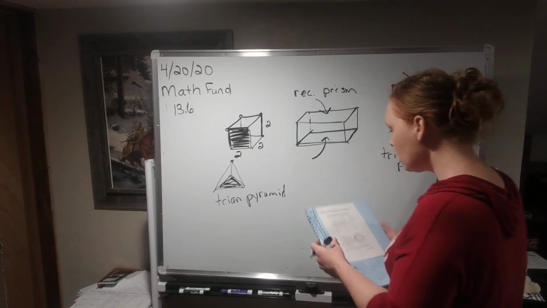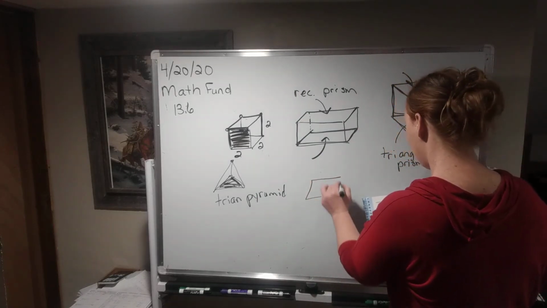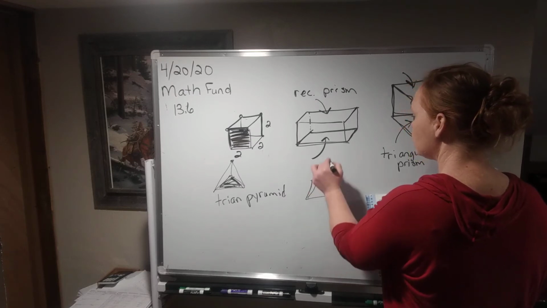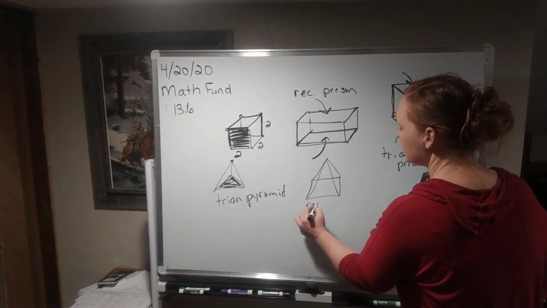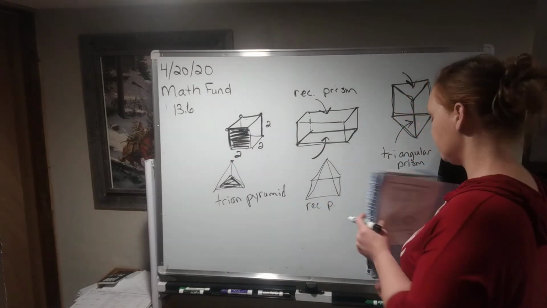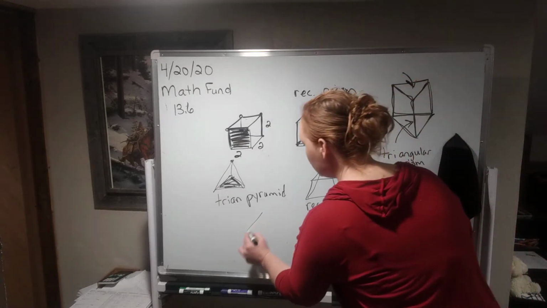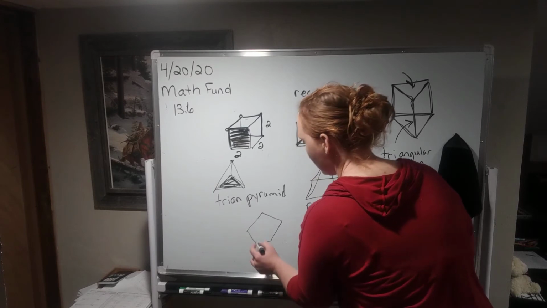Let's look at the next pyramid. It has a what on the bottom? It has a rectangle. Now, it's still made of triangles on the side, and it comes to a point. We call this one a rectangular pyramid. And the last one, you see it has a pentagon on the bottom. So 1, 2, 3, 4, 5.